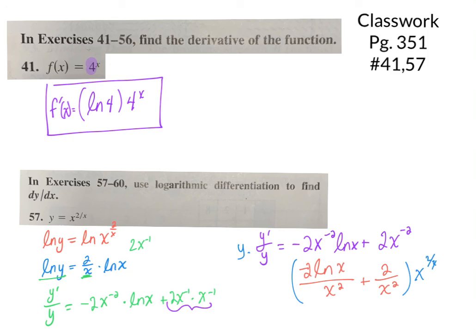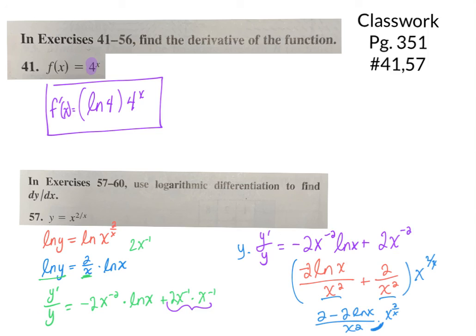And honestly, I don't know if there's a nice, pretty way to simplify this other than these have common denominators. So you could say 2 minus 2 ln of x over x squared times x to the 2 over x. You could potentially simplify these by subtracting, but I don't know that it's going to make it any prettier.